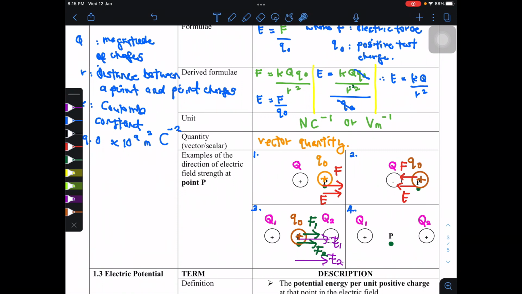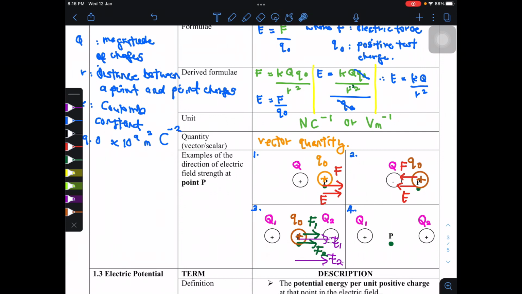So in the calculation later, you are going to calculate the magnitude of E1 and the magnitude of E2 by using this equation, which is E equals kQ per r squared. You need to do the calculation one by one.